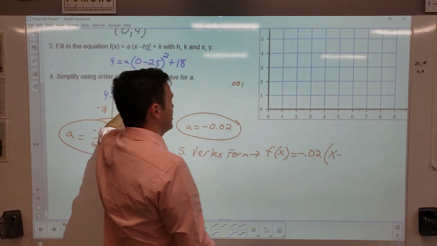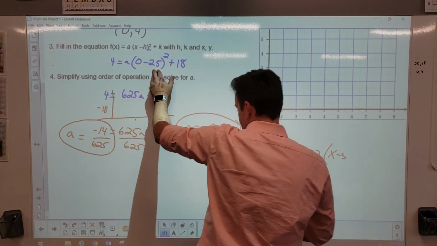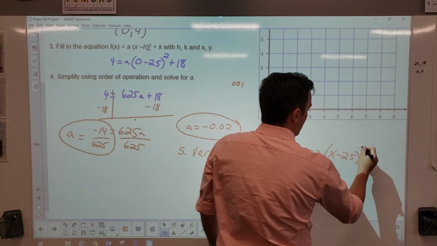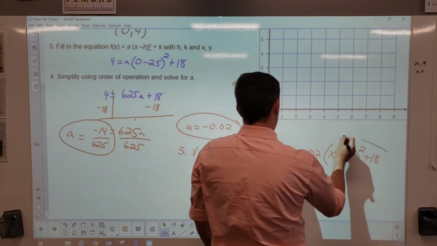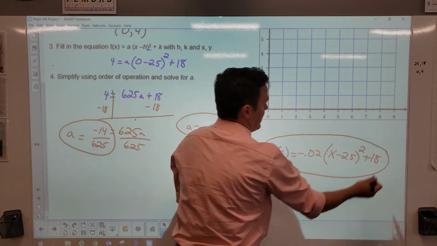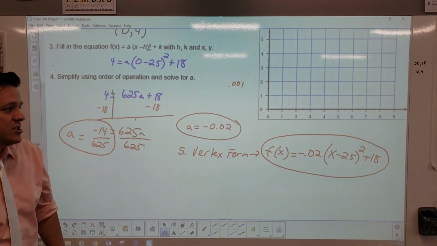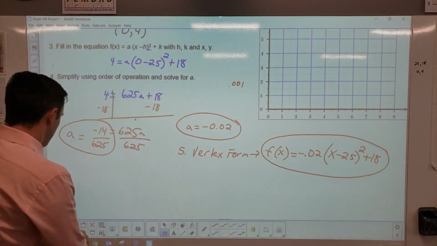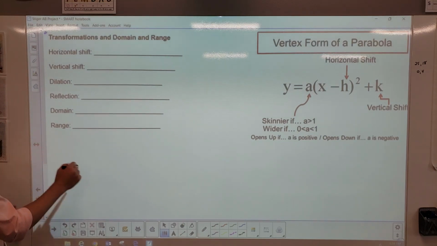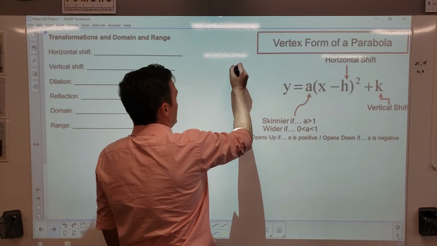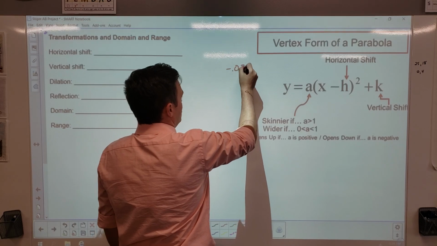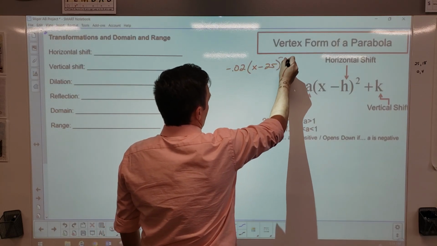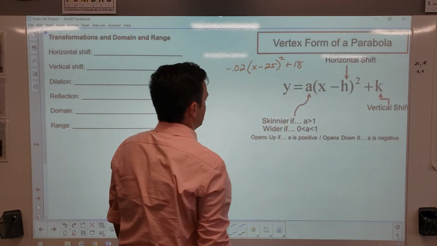My h is 25, squared, plus 18. So this, ladies and gentlemen, is my vertex form. So we got one of the equations done. Now you take this equation and you look at this information here and you answer it. So let me give it to you again. It's negative 0.02, and then it is x minus 25 squared plus 18. Okay, so that's what it is.